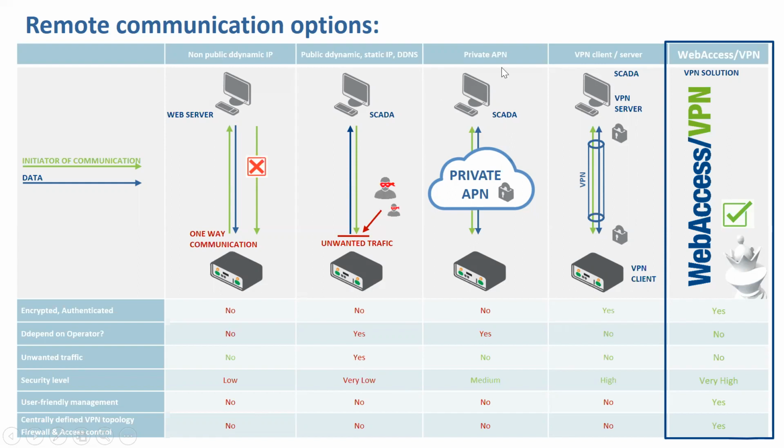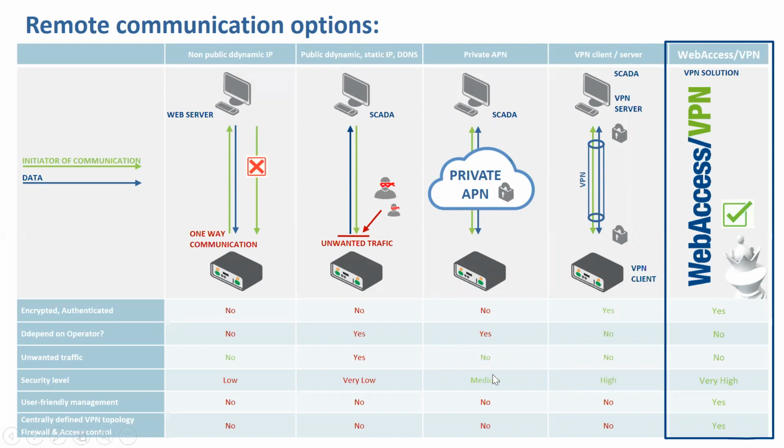The 3 on the right are what we actually see mostly in the field, okay? So this in the very middle, this private APN option, this is what I was referring to in that private networking offer from carriers, okay? So in this example, the customer buys a private APN solution from a carrier.